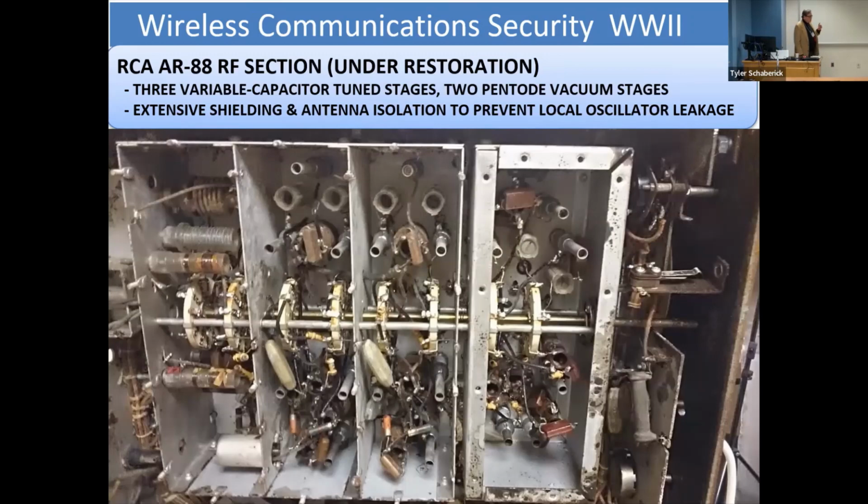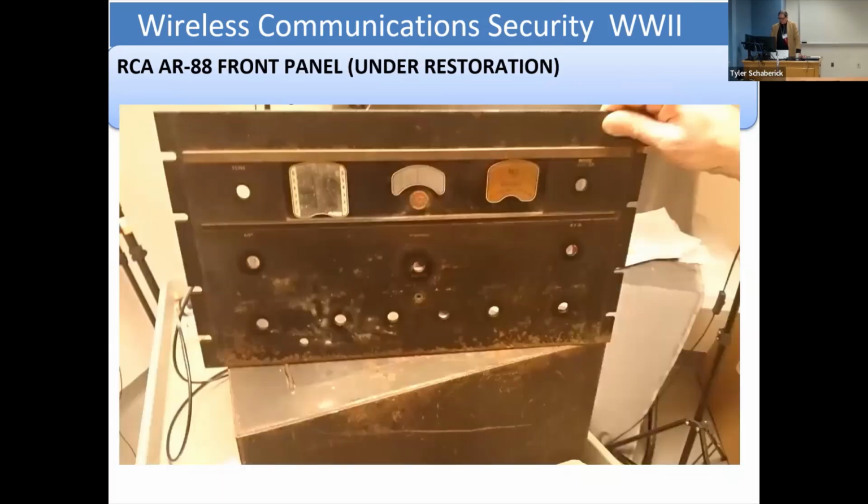Each mixer has its own transmitter, but very low. When you shield it this way, this is the predecessor of Tempest, where you make sure your receiver is not accidentally transmitting its location.